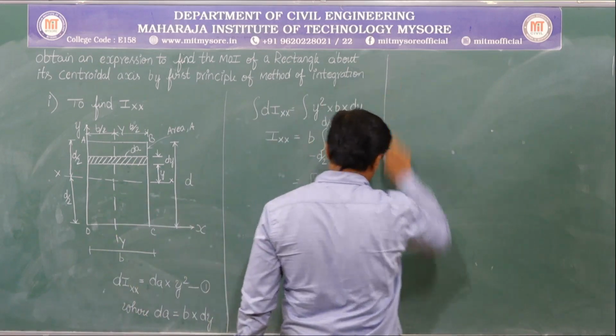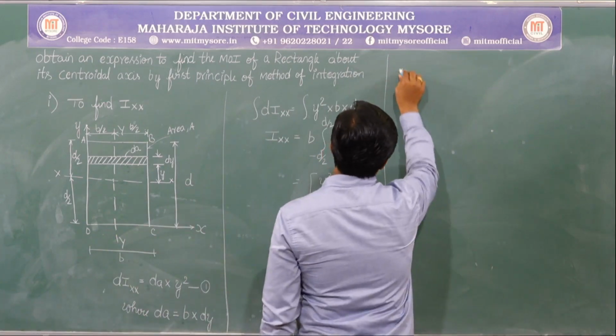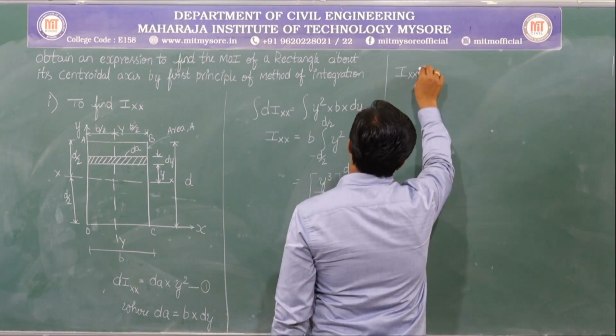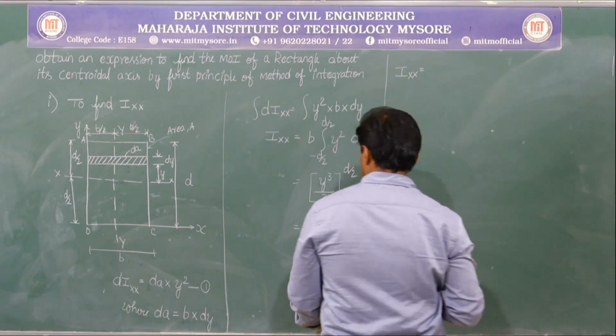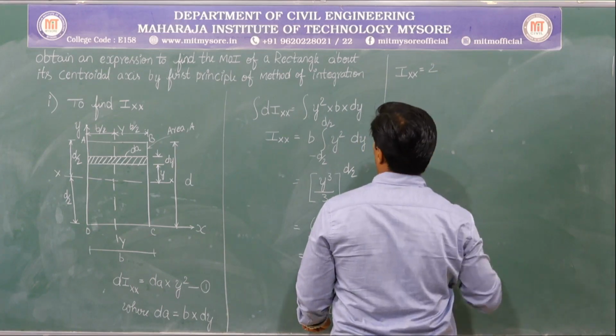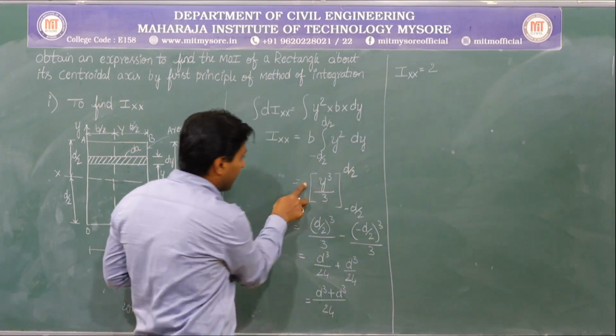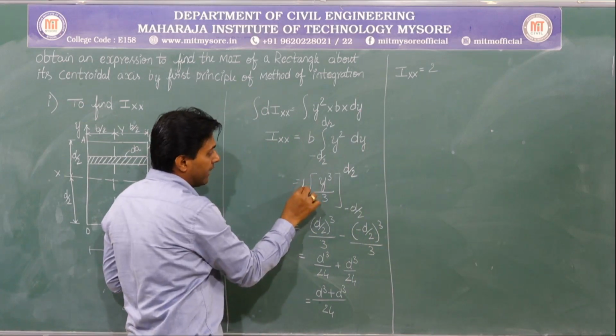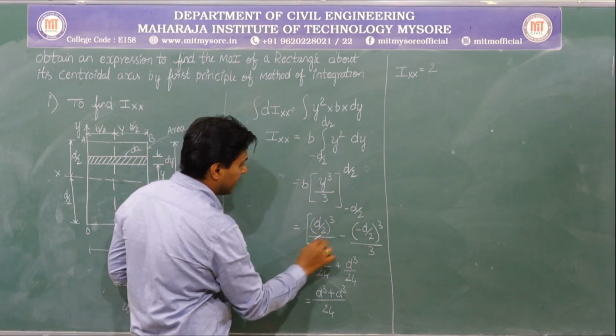So finally Ixx is equal to 2d cube, and I forgot this b, let me add that here.